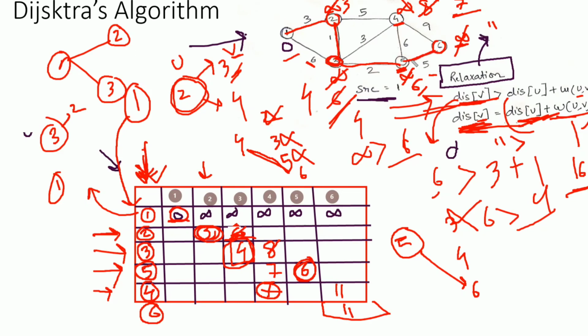So this is the shortest path algorithm, and by using this table we came to know the shortest distance from the source vertex 1 to all other vertices. The minimum value in each row will be the shortest distance from the source vertex to that vertex.